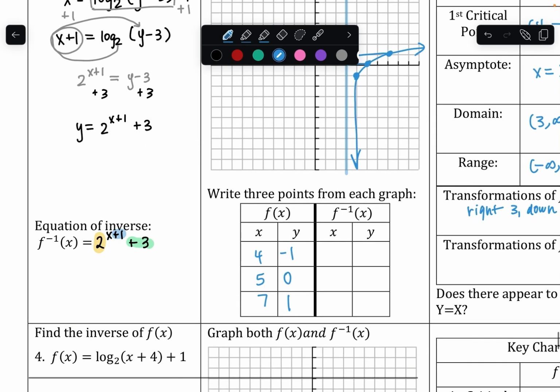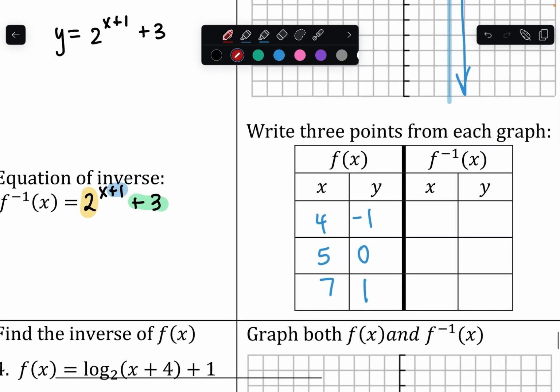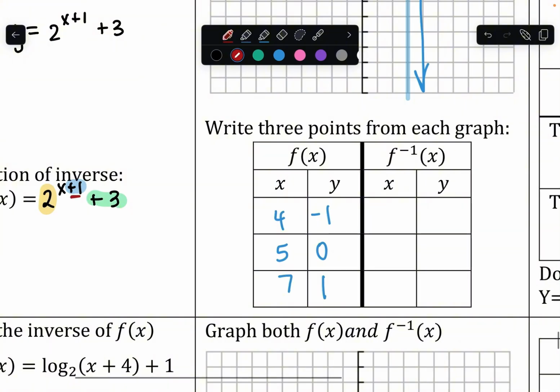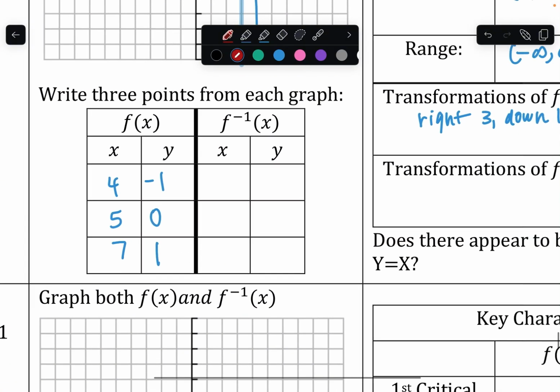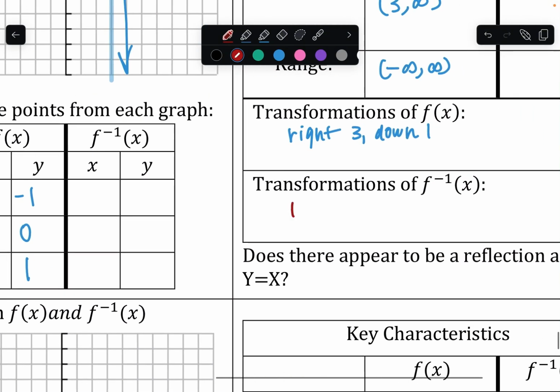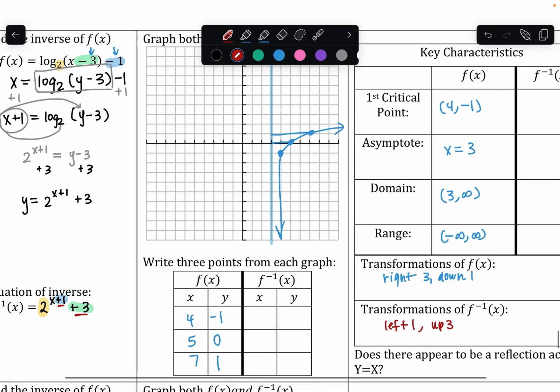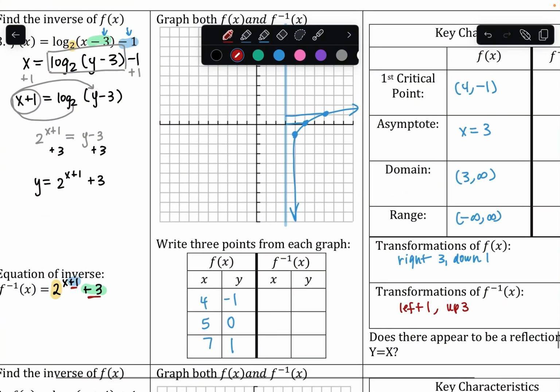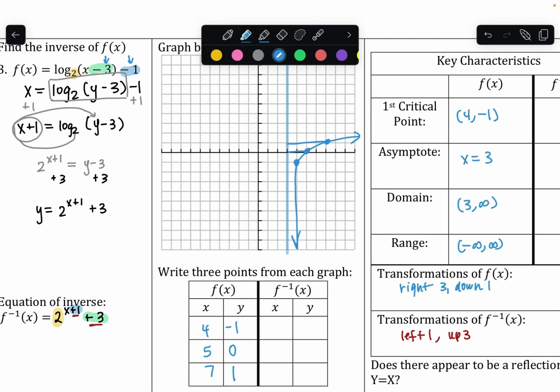Okay, so to graph my inverse function, this is exponential. That's been moved left 1, up 3. Okay, and so since it's exponential, we start with the horizontal asymptote, up 3.